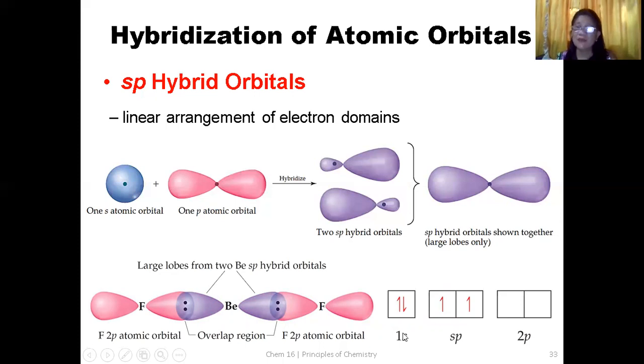The 1s is filled, the sp is filled, what is not filled is the 2p. So this will be an sp.